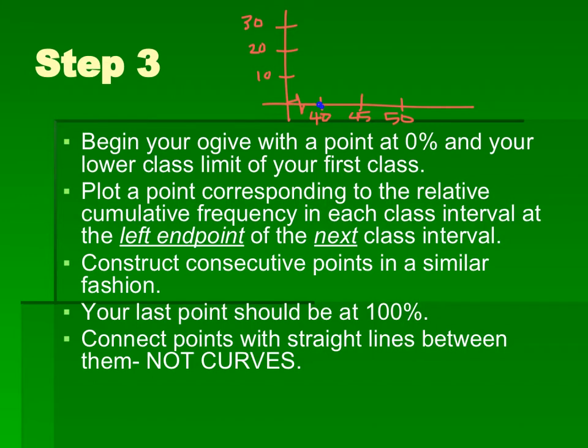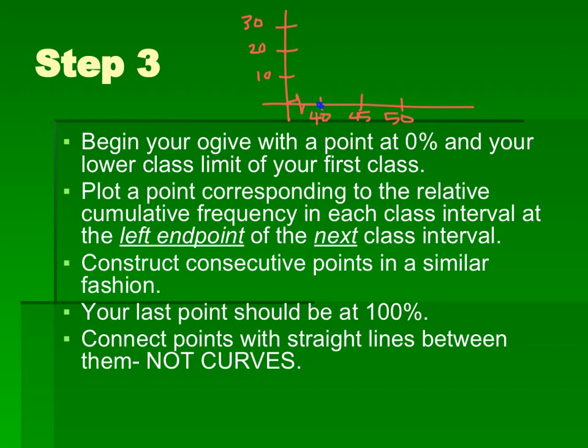Next, we're going to plot a point corresponding to the relative cumulative frequency in each class interval at the left endpoint of the next class. So our first relative cumulative frequency was 4.7%, so roughly 5%.